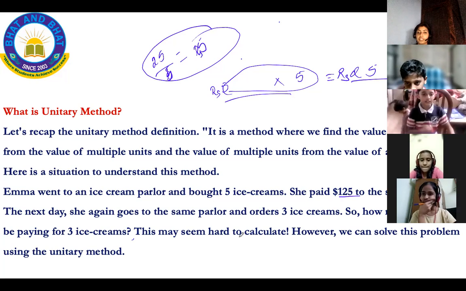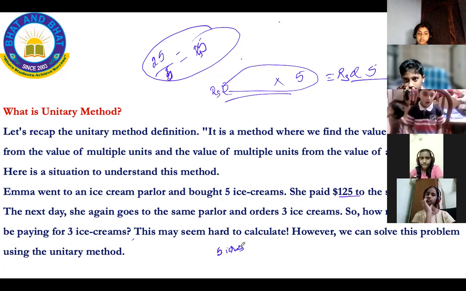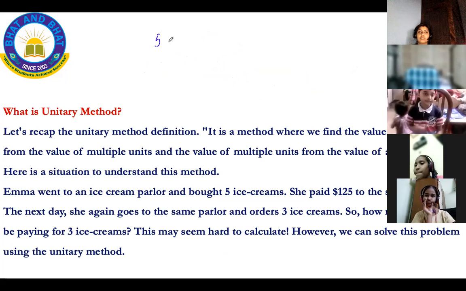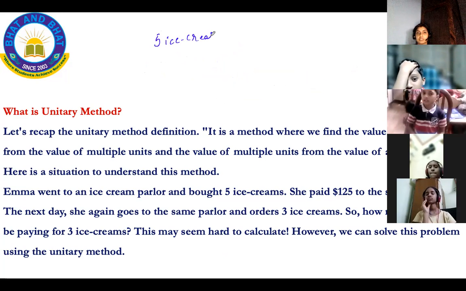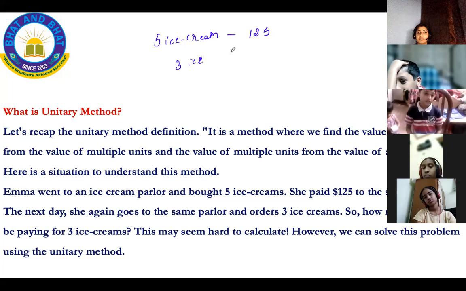Calculate this. We will write it like this. For 5 ice creams we paid 125. Then for 3 ice creams, how much will it be?